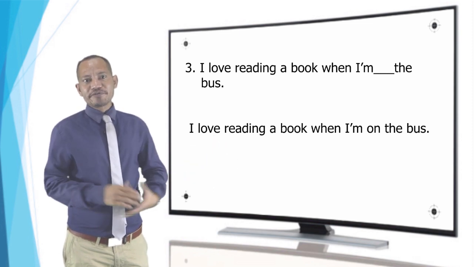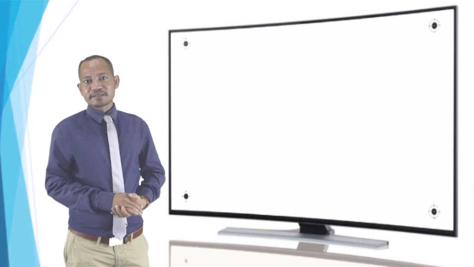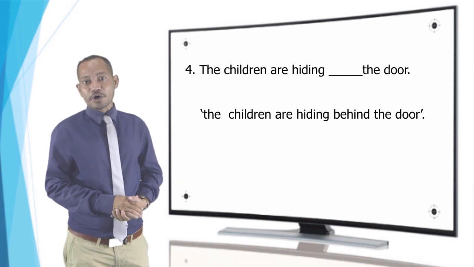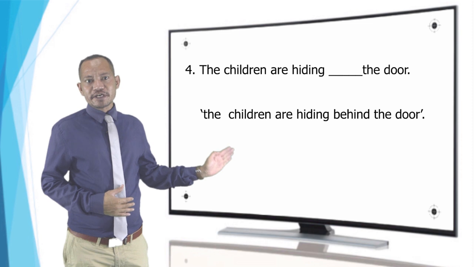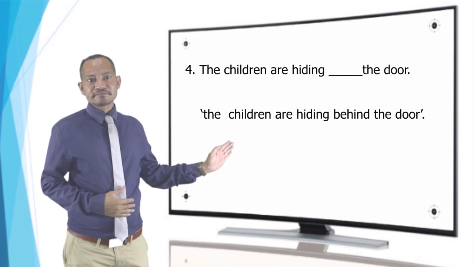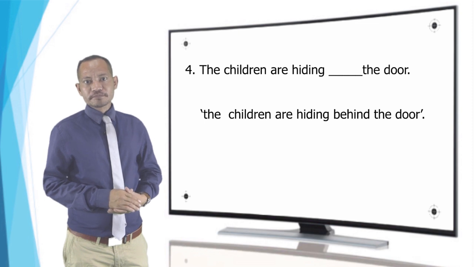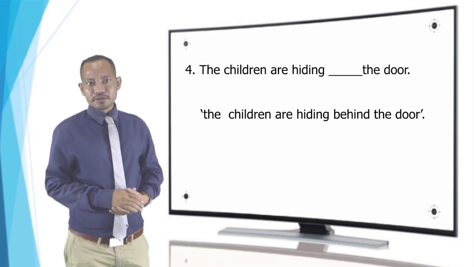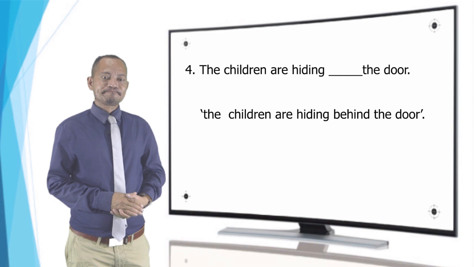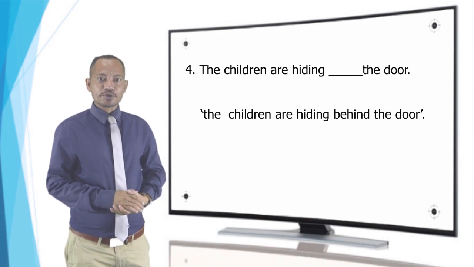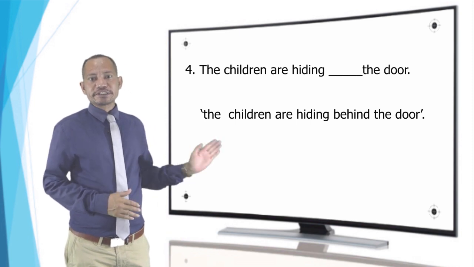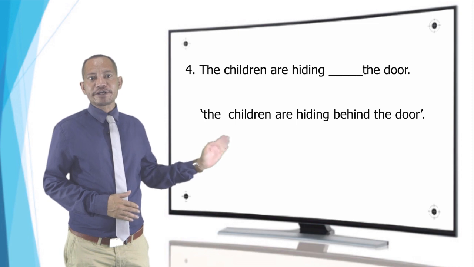Good. Now moving on, let's look at exercise number 4. The children are hiding blank the door. Is it above the door? Or is it below the door? Or behind the door? It is behind the door. Good. So, the children are hiding behind the door.